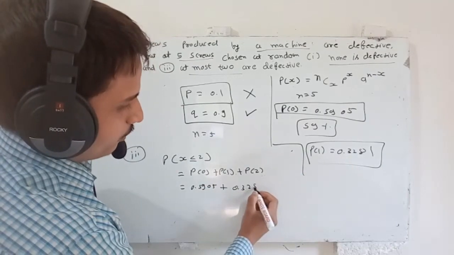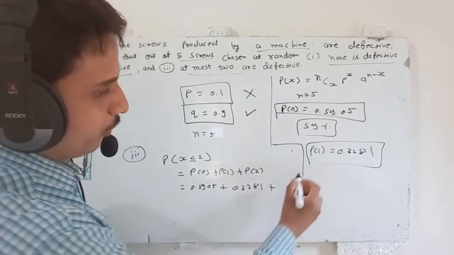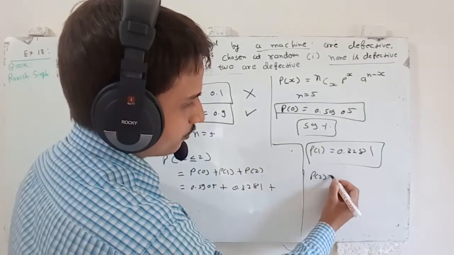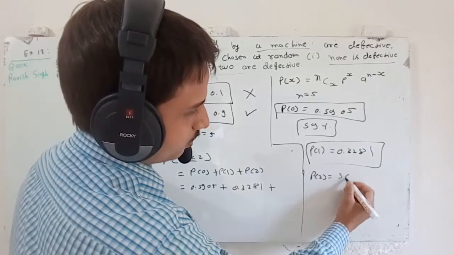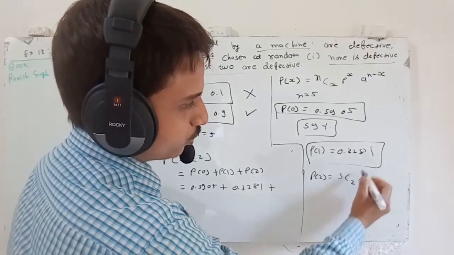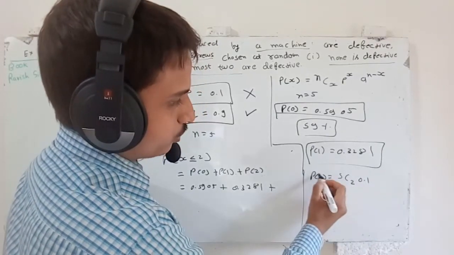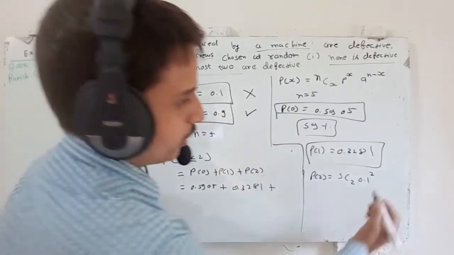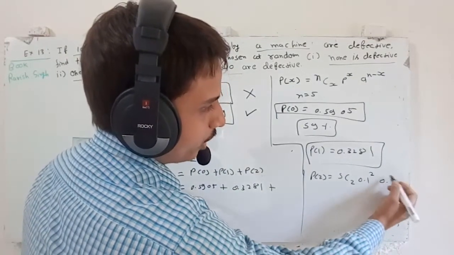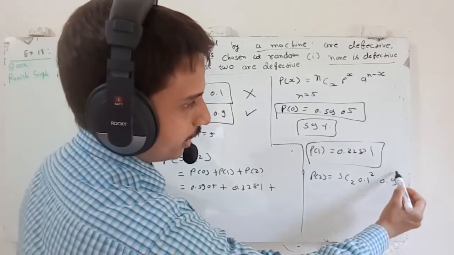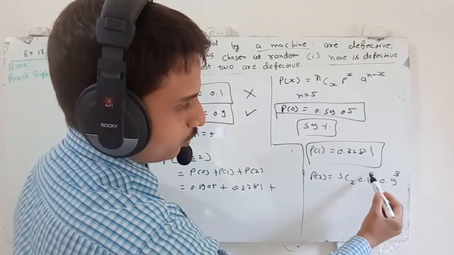Now we have to calculate P of 2, that is, 2 screws are defective. So P of 2 will be 5C2, 0.1 is the probability of defective, and 2 is the number of screws that are defective. So 2 screws are defective, and the remaining are non-defective. 0.9 is the probability of non-defective, and the number of screws that are non-defective is 3. 3 plus 2 is equal to 5.